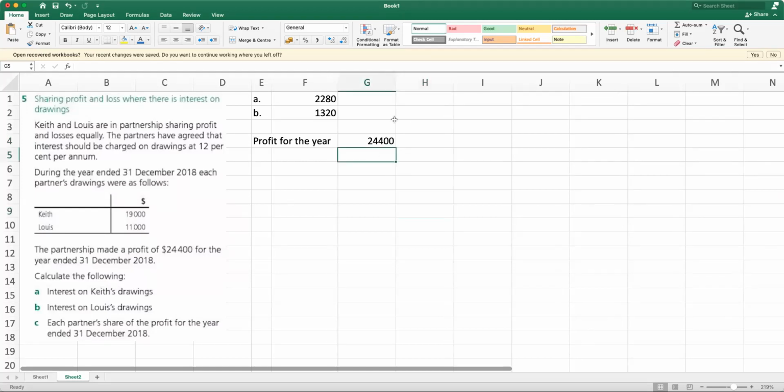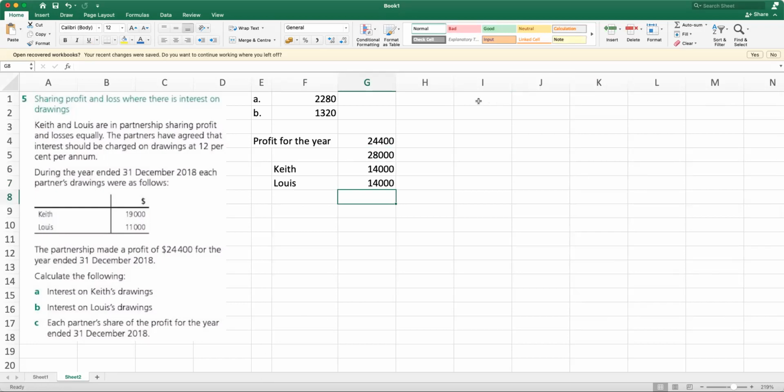We just add these together, and then we can see how much will be distributed. This plus this plus this, then we know we need to distribute 28,000 equally. So Keith will get this amount divided by 2, Louis will get this amount divided by 2. So they get 14,000 each.